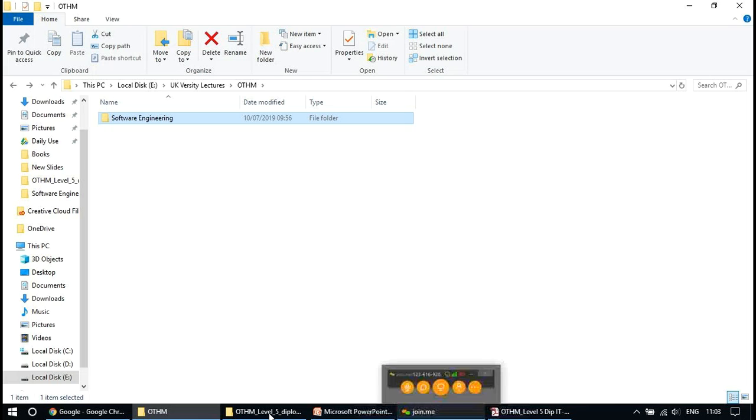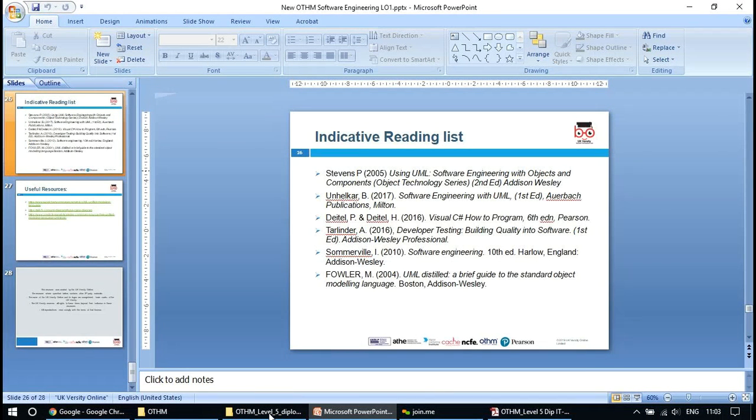Now the question arises of what indicative reading is required. You must have seen the list of books? I've got 2 books for now on the portal for software engineering. Okay, good. I'm very pleased to share that I should be able to send you all the books as well.